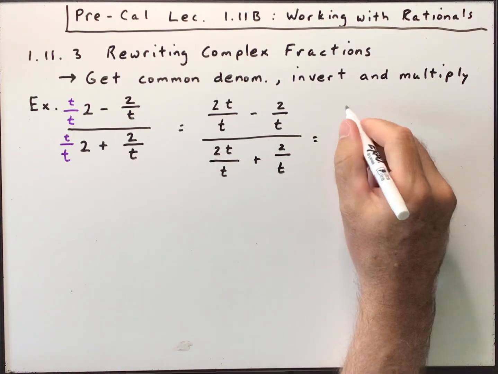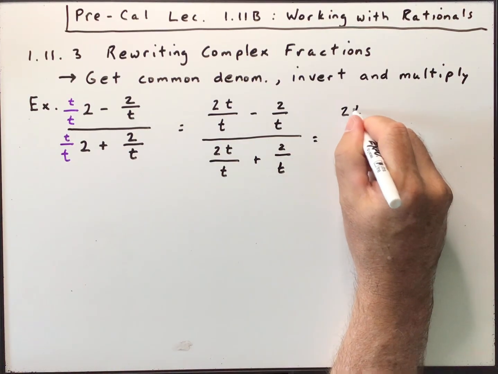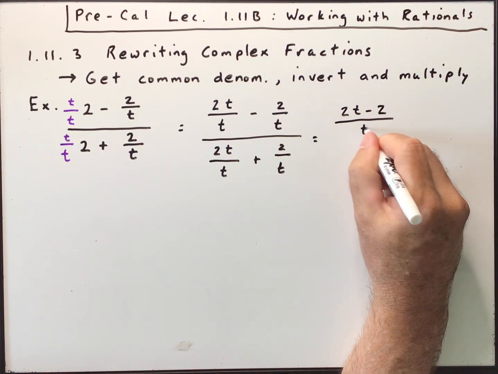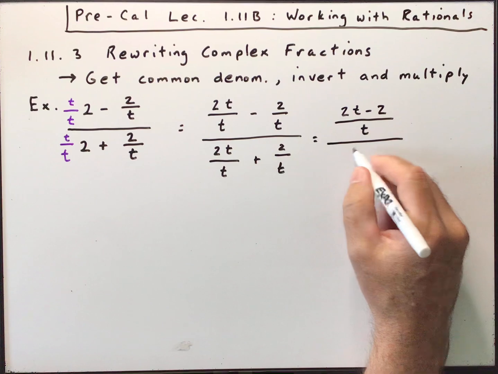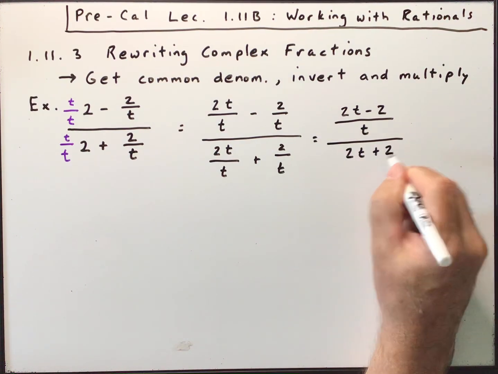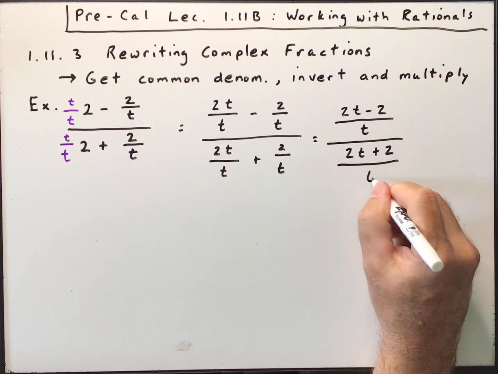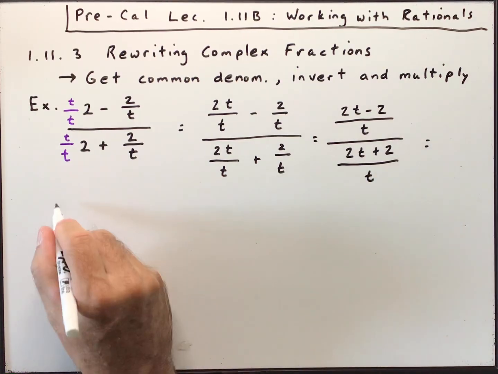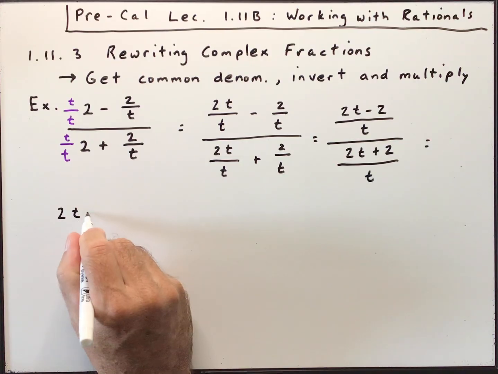So putting these fractions together, I would have 2t minus 2 over t on top, and then 2t plus 2 over t on bottom. Now let's flip the bottom. So we've got 2t minus 2.